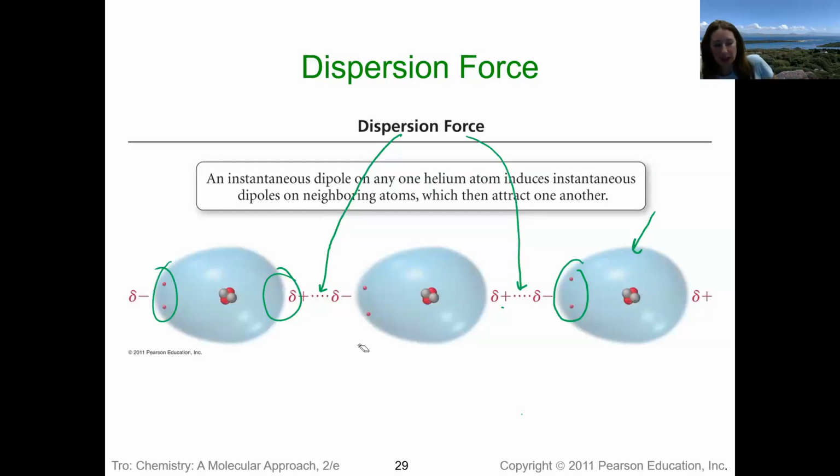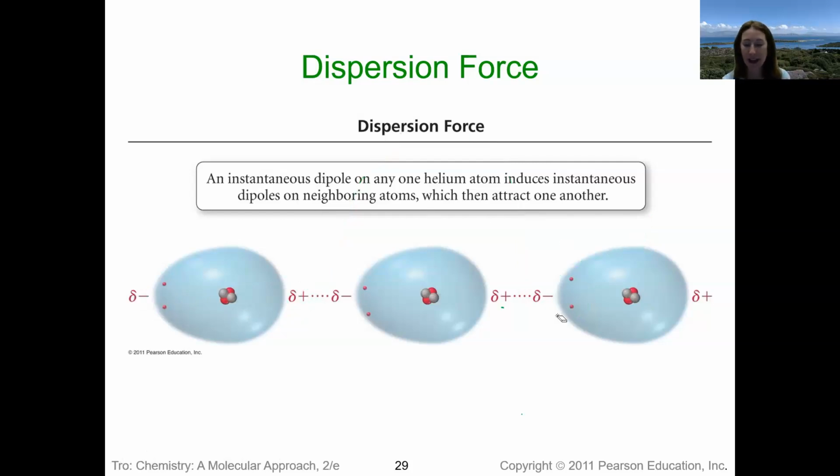So sometimes we call these instantaneous dipoles or induced dipoles, temporary dipoles. A dipole, remember, just means one side's a little bit negative and the other side's a little bit positive. But these are not permanent dipoles. They are temporary. They last for a nanosecond and then they're gone. So dispersion forces are very weak.